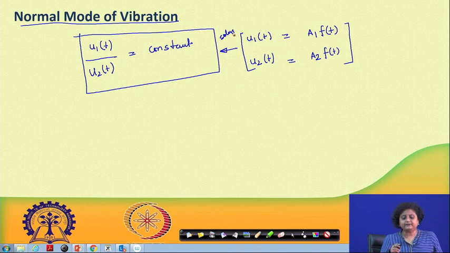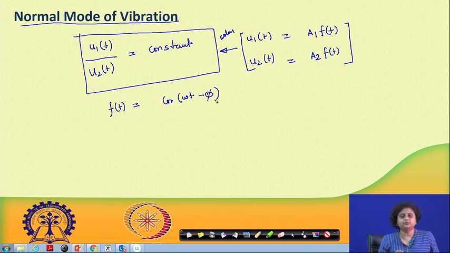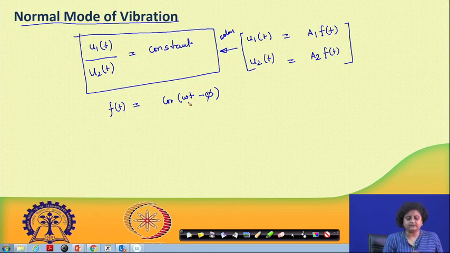Let us assume that f(t) is nothing but cos(omega t minus phi). I am just arbitrarily assuming this, and let us see whether this is going to be a possible solution for the equation that we have.